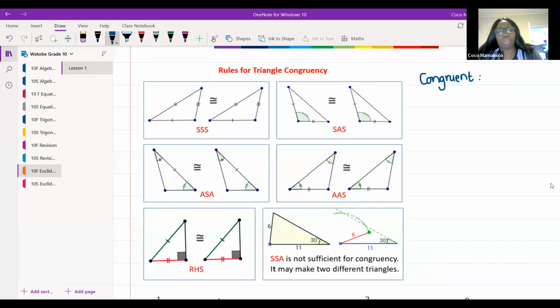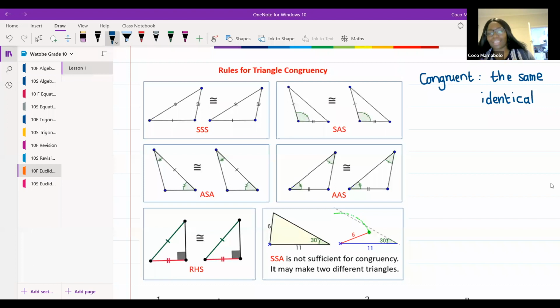Oh yes, I agree with you. Congruent means the same, but I like Tembelise's one even more. Tembelise says they're not just the same, they're identical. Oh, I like that. Identical. But I want you guys to tell me, what do we mean by identical?